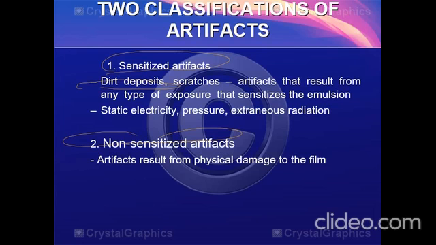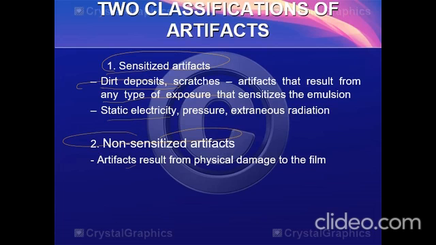If it has reached the emulsion, it damages the radiograph. So these are artifacts that result from any type of exposure that sensitizes or damages the emulsion. Some examples also include static electricity, pressure marks, and extraneous radiation. We will discuss that along the way.